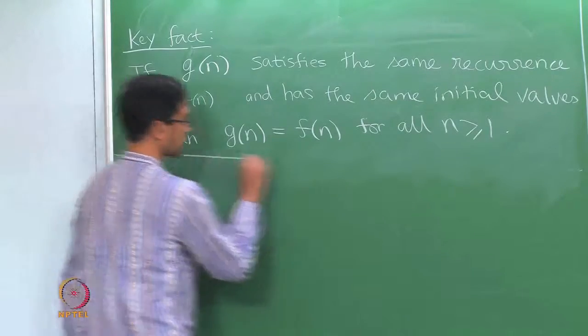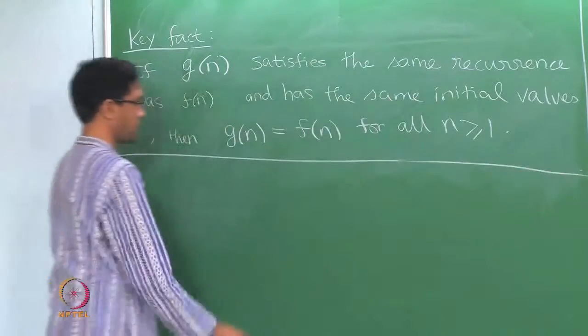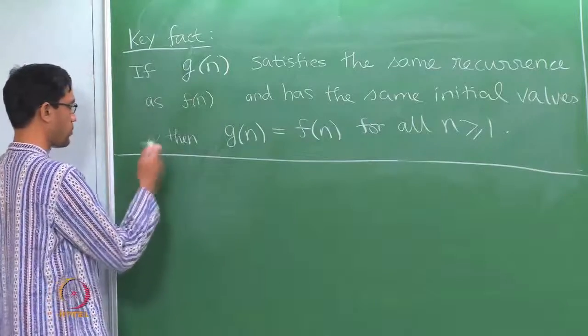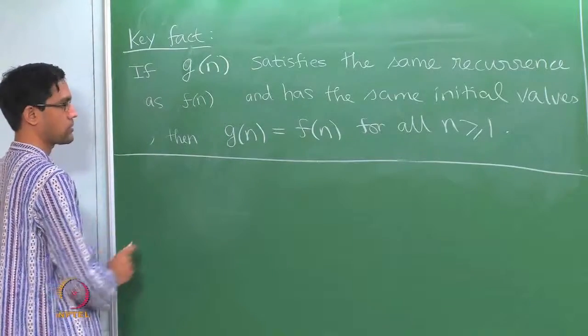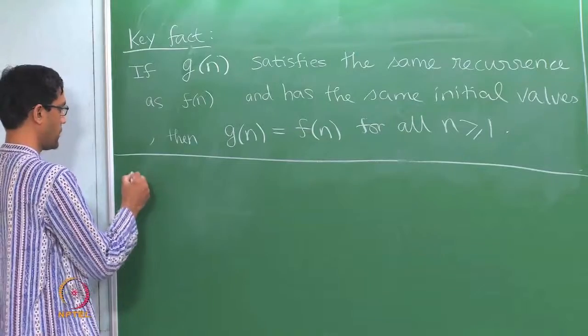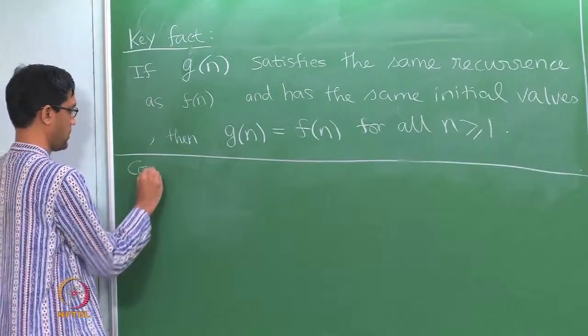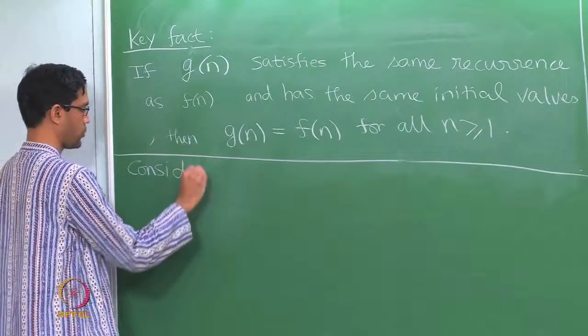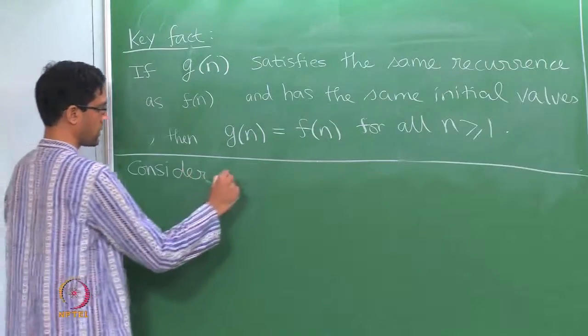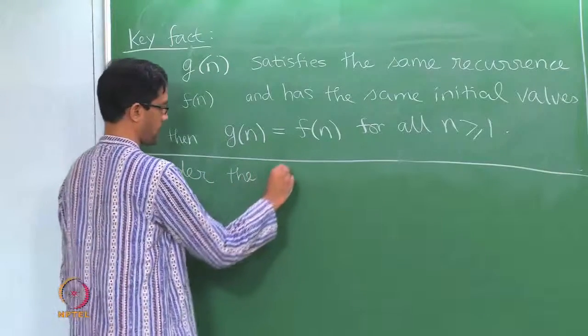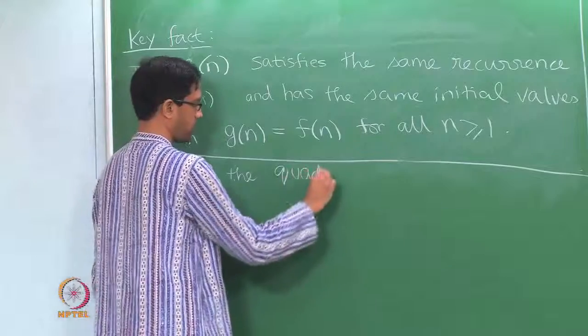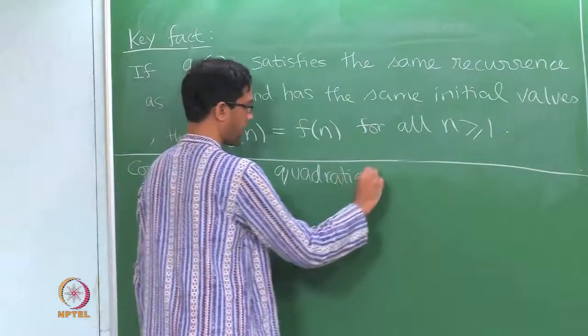And so here's another somewhat more surprising observation, so not so obvious at first. So here is an approach to solving this recurrence. Here's the very interesting ingredient: consider the quadratic equation.